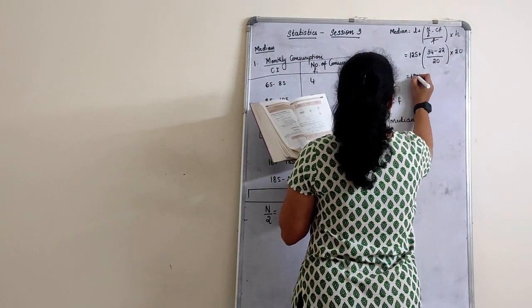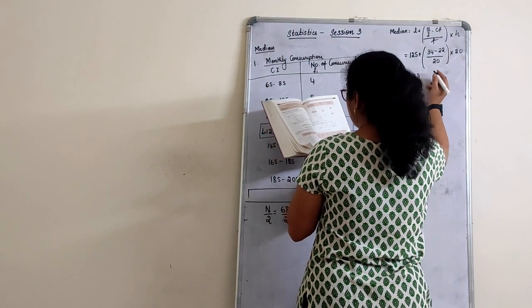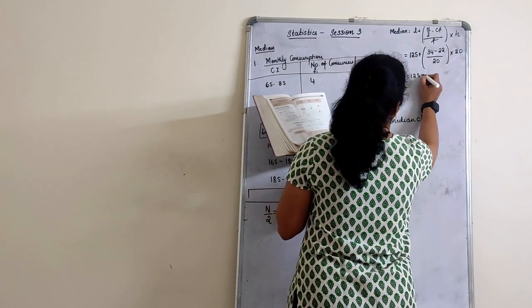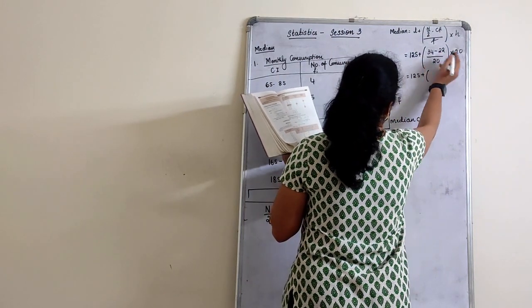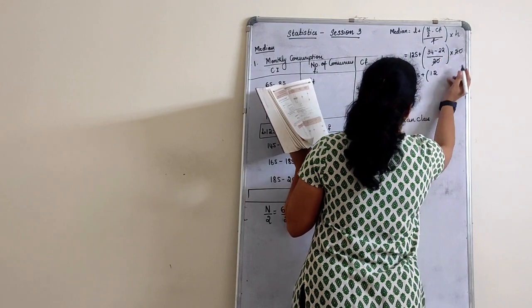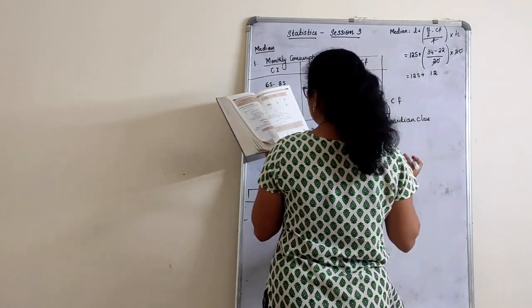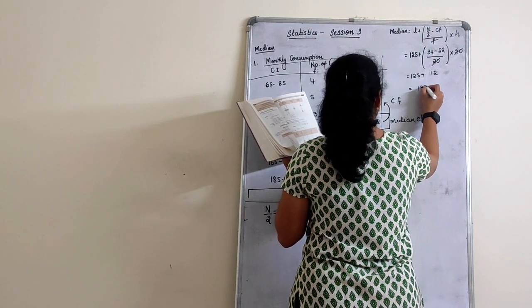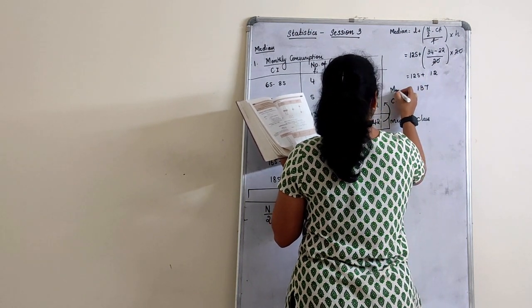So 125 plus 34 minus 22 is 12, and 20 and 20 will get cancelled. Directly I can say plus 12 here, nothing else is remaining. That is equal to 137 median.